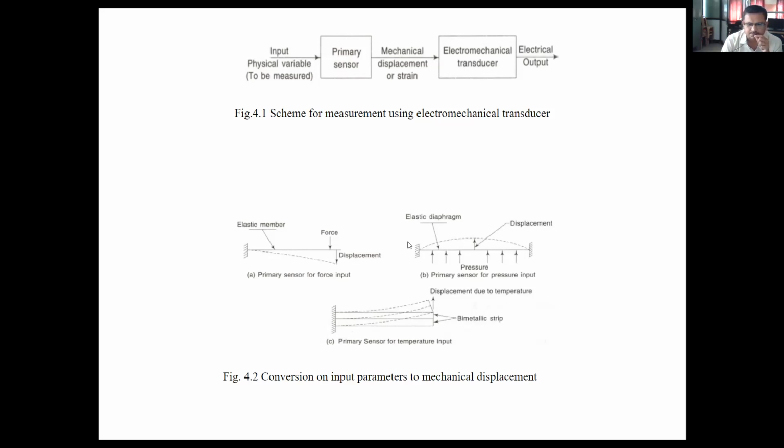Similarly, this is a fixed beam. If we apply pressure to this elastic diaphragm, we get displacement, that is, this diaphragm is going to displace, and this displacement is fed to the electromechanical transducer, and we get the electrical output.